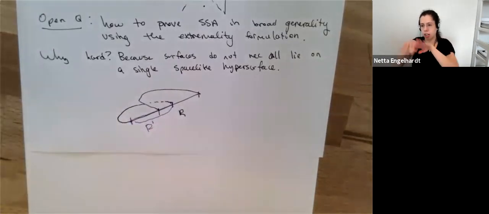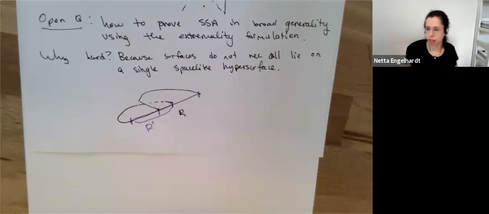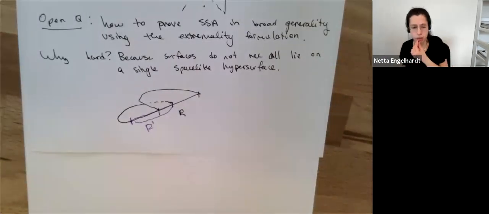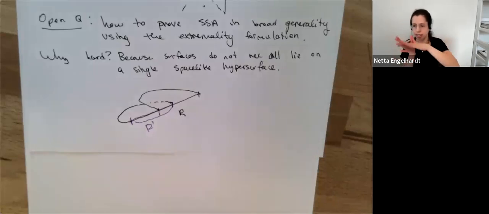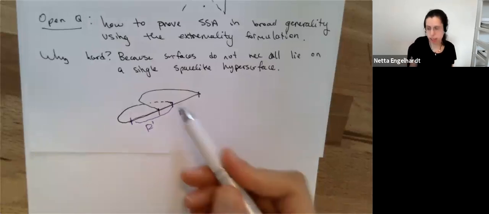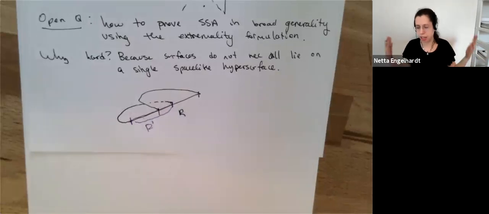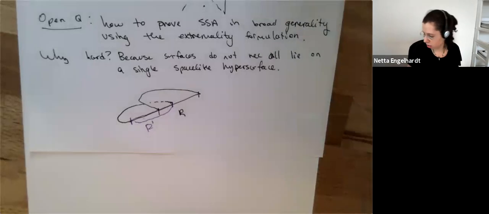And so they might not lie on the same Cauchy slice. You're not guaranteed that. Now, what Aaron was able to prove using maxi-min is that if the boundary intervals are nested, then you can always find a Cauchy slice that contains all of those extremal surfaces. But if they're not nested, then in principle, anything can happen.